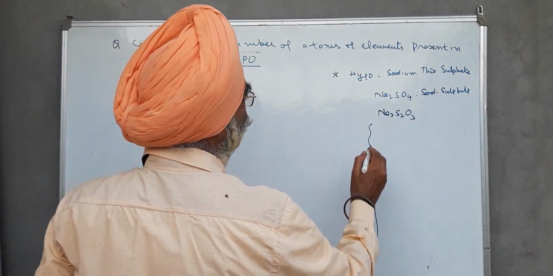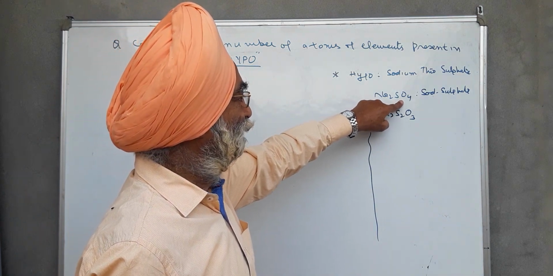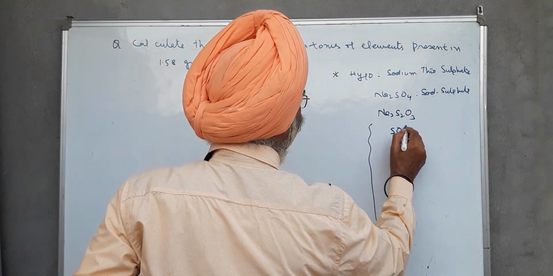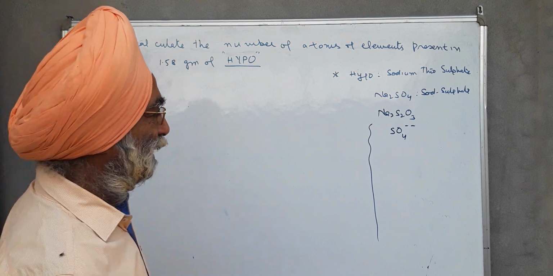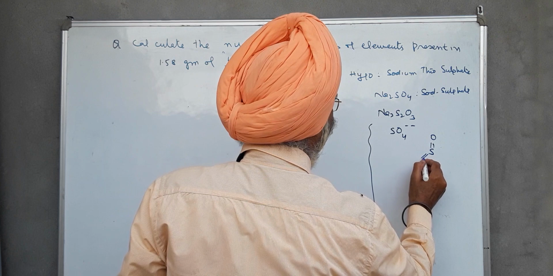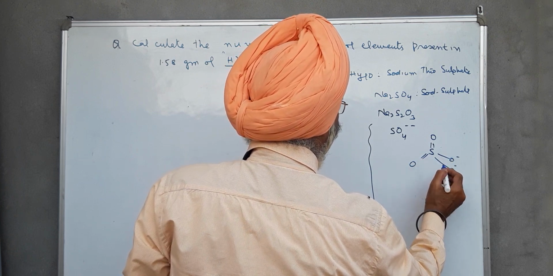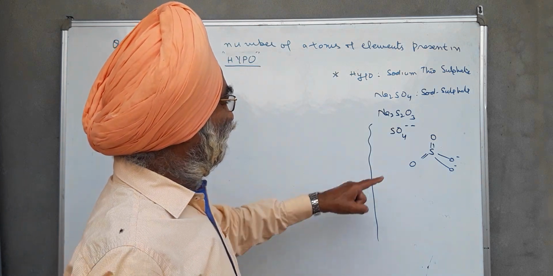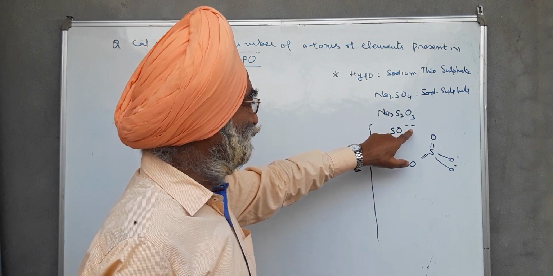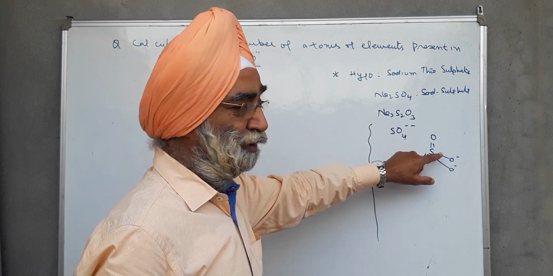Additional information: sodium sulfate has the anion sulfate. It is a topic of 12th class. Sulfate, its structure is tetrahedral, with sulfur carrying 4 oxygen atoms, and its valency is -2. In this case, it is showing covalency equal to 6.